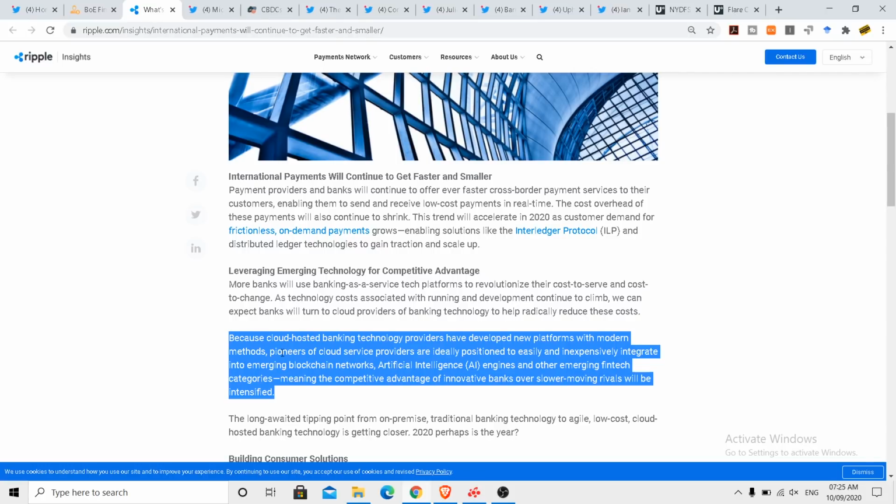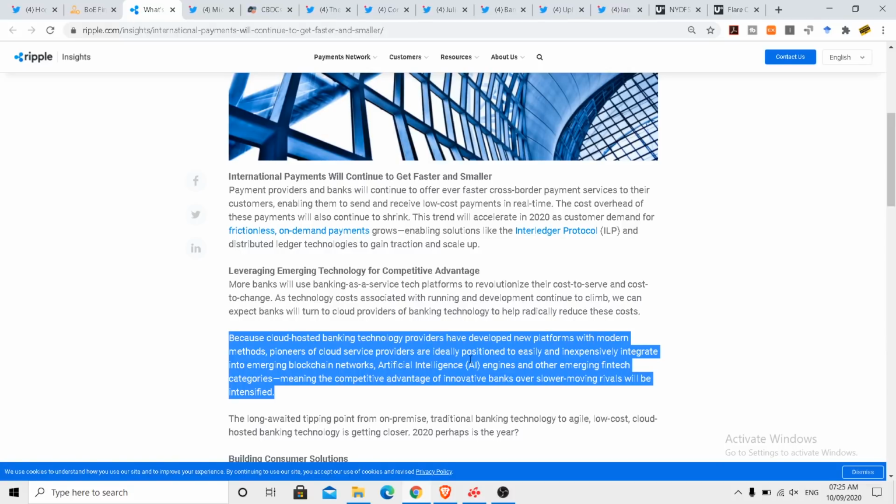Now, when you come to paragraph 2, it shows like this. They are showing you different types of factors involved in this technology. And then it comes here, into emerging blockchain networks, artificial intelligence engines, and other emerging fintech categories. Meaning you can directly go and integrate with all of these from RippleNet.